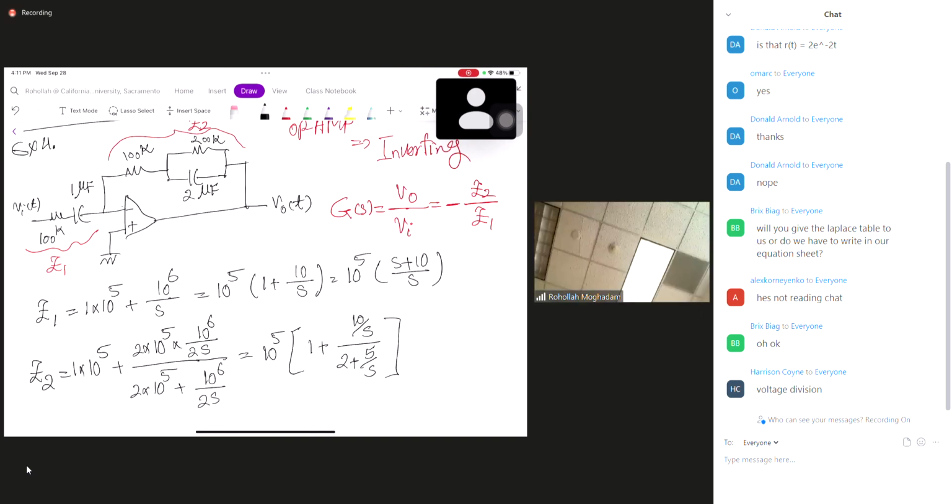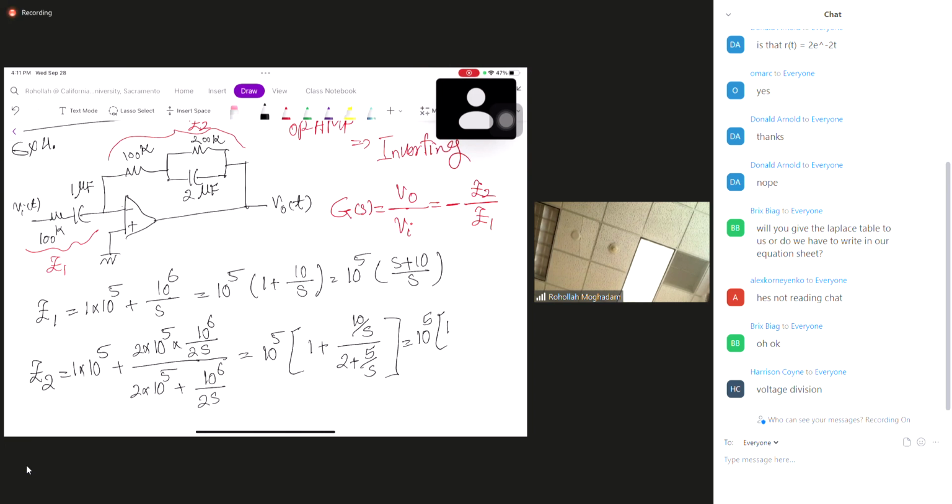So I took out 10 to the 5 over here, 10 to the 5 right there. Take it out. And then one of them, I took it over here, and 10 over 2 becomes 5, right? So that is what we'll have. And you can do the calculation and make sure that it is correct.